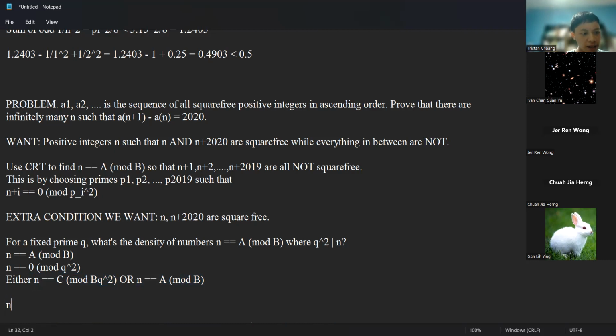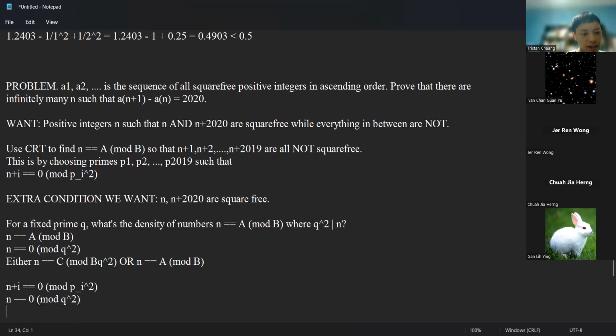So n plus i is 0 mod pi squared, and n is 0 mod q squared. If these two have overlaps, that means i is 0 mod q squared, if q is some pi.